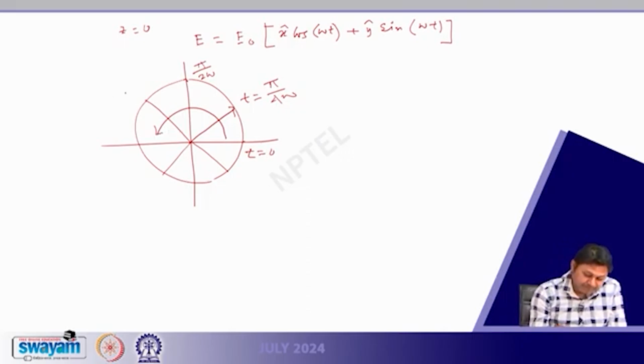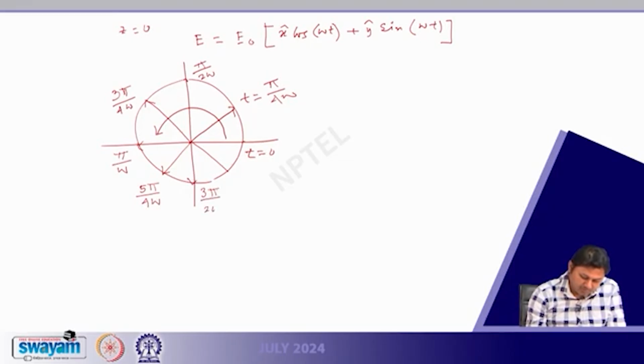So this will be 3 pi by 4 omega. This will be at pi by omega. The electric field tip here will come at 5 pi by 4 omega. Here it will be 3 pi by 2 omega.